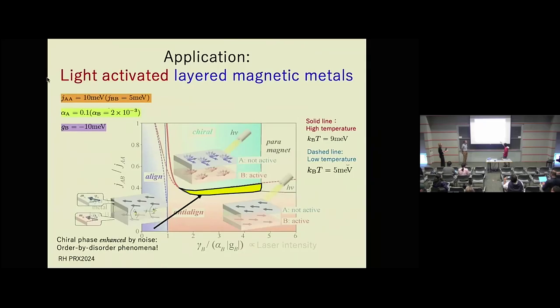So there is a regime where the noise is enhancing the Z2 symmetry breaking. We believe that it is related to that order by disorder phenomenon, but admittedly it's not as clear as starting from that classical model. Okay, thank you.